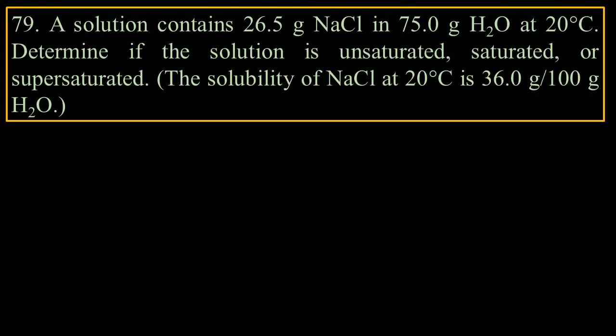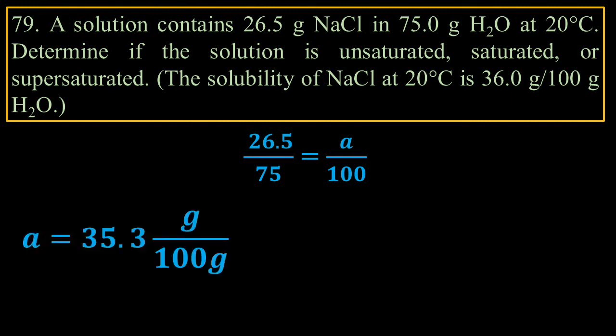A solution contains 25.6 grams of sodium chloride in 75 grams of water at 20 degrees Celsius. Determine if the solution is unsaturated, saturated, or supersaturated. The solubility of sodium chloride at 20 degrees Celsius is 36 grams per 100. So let's set up a proportional relationship. 26.5 divided by 75 is going to be what over 100? If it's greater than 36, then it's going to be supersaturated.